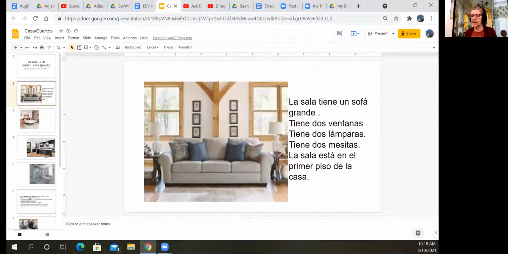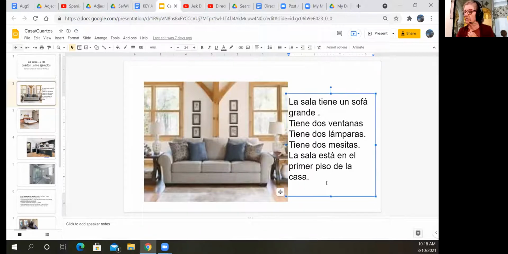This won't have all adjectives in it yet. We'll see more adjectives on a different page. We're going to start to mix our verbs, ser, estar, tener, maybe a little bit of hay, and mix in some adjectives, bringing it all into one great big ball snowballing down the side of the road.